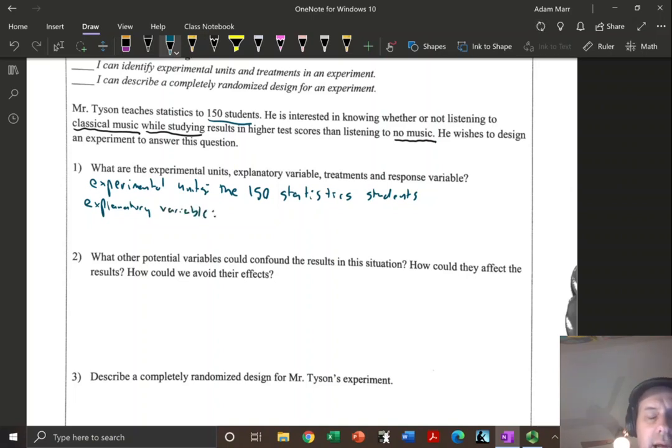So they're trying to see if classical music or no music makes a change to their test score. So the explanatory variable is whether students are listening to classical music or no music while studying.